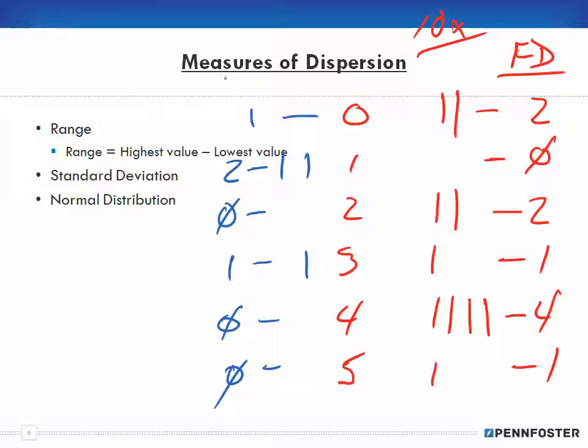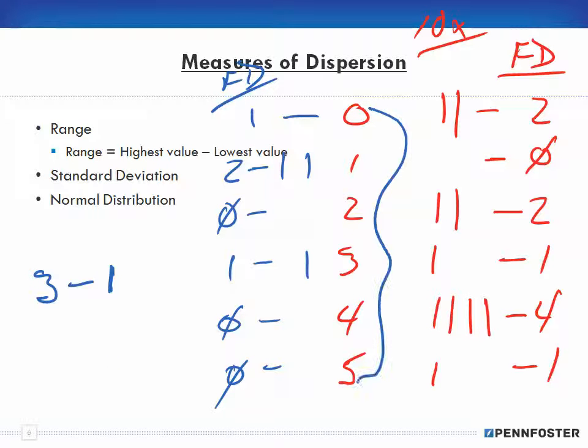That's my frequency distribution. But my range is my highest value, which happens to be a 3, all the way down to my lowest value, which happens to be a 1. Even though there were 6 values in that hat, my range is only 3 to 1, the highest to the lowest.